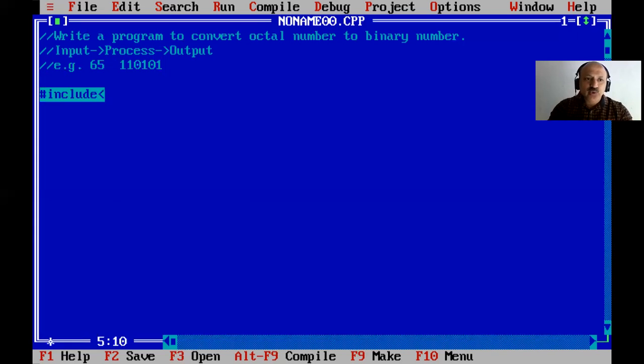So first I include our header file stdio.h, and then now we can include console input output, and then void main.